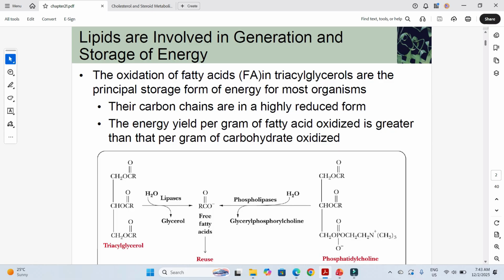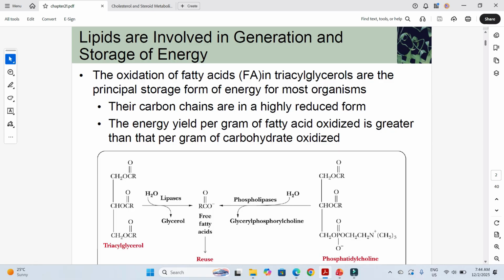Triglycerides are stored, or rather are found, in adipose tissues. So the first thing that we have to do in using fatty acids as an energy source would be the mobilization of fats, mobilization of triacylglycerol or triglyceride.